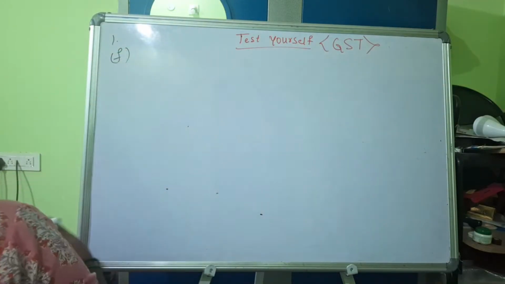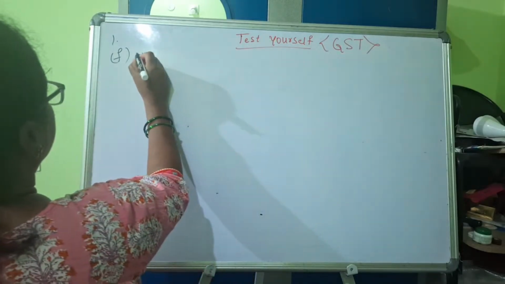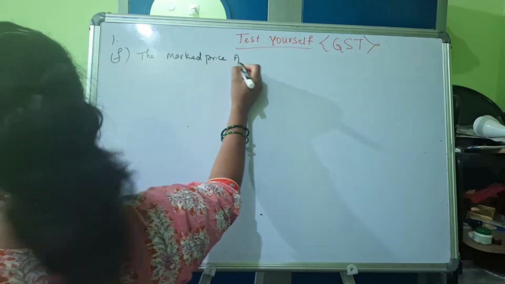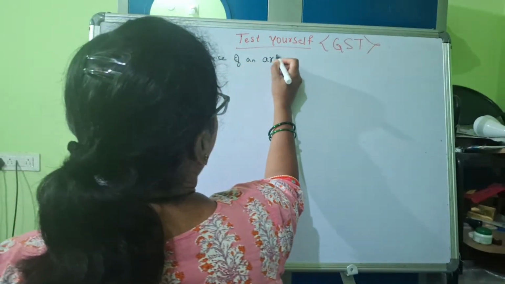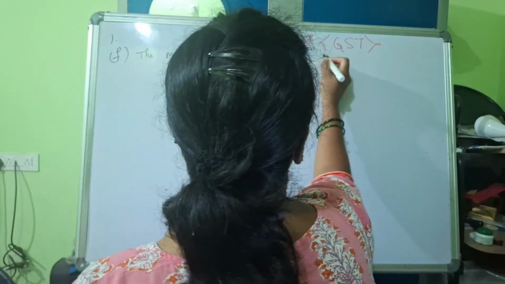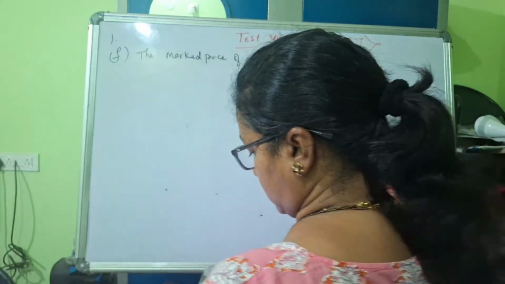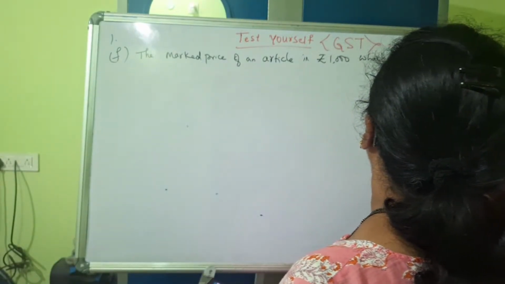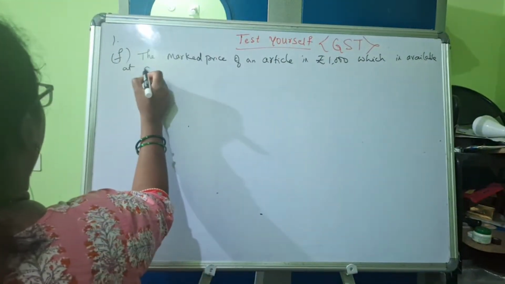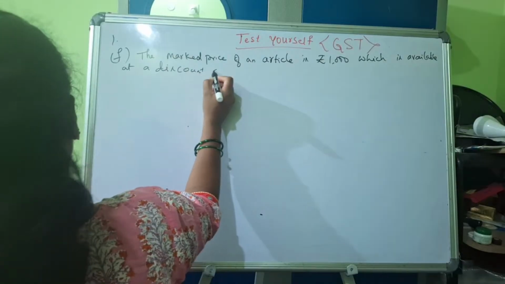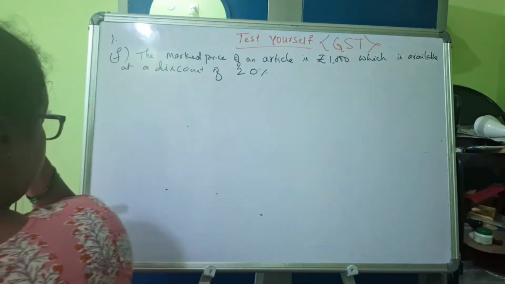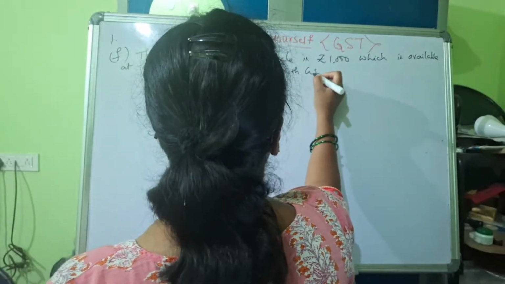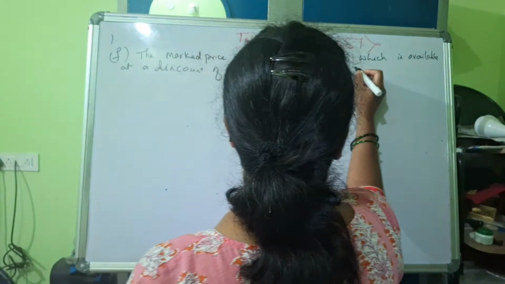So question number F. The market price of an article is rupees 1000, which is available at a discount of 20% with GST rate 12%.